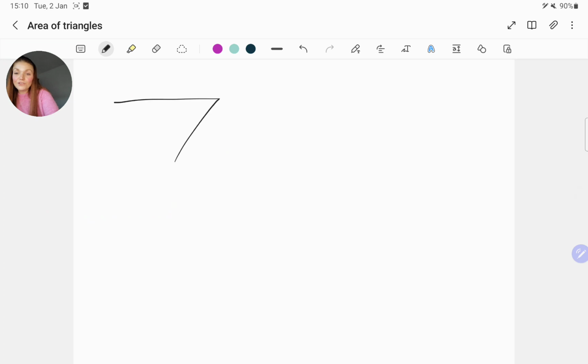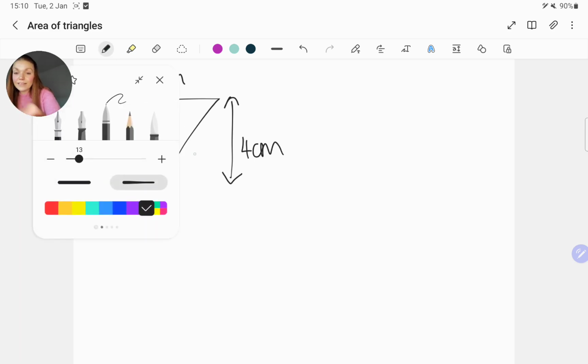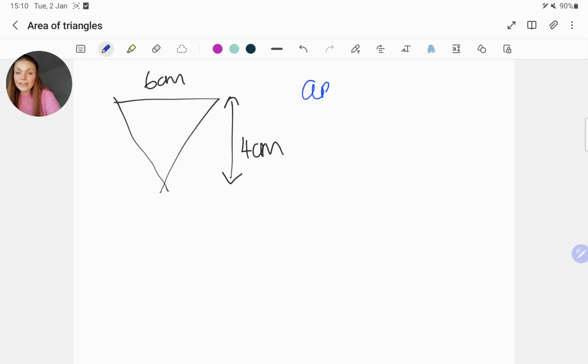So say they've given you this triangle this time, and I flipped it. And let's say this one's 6 centimeters, and let's say the perpendicular height is 4 centimeters. And they've said, find the area of this shape. So you will say, okay, no problem. Area equals, what is the formula for the area of a triangle?